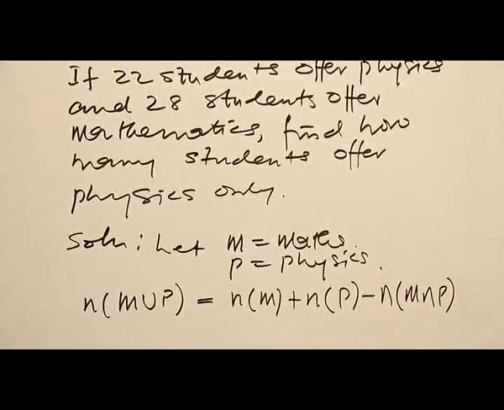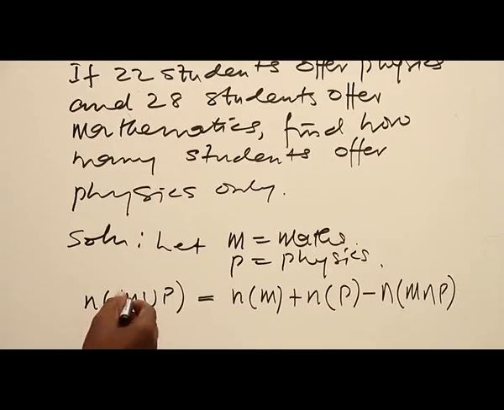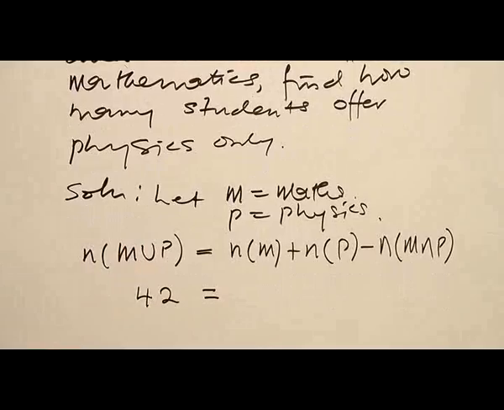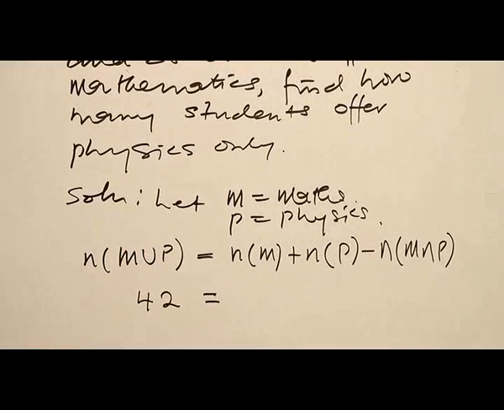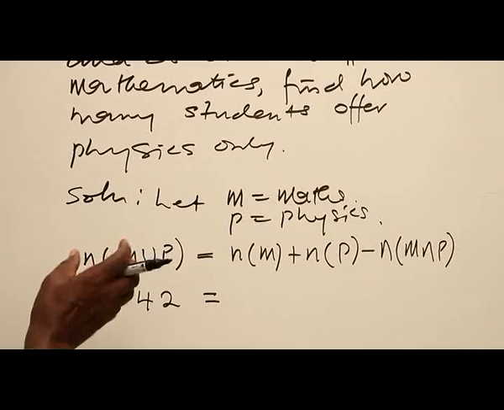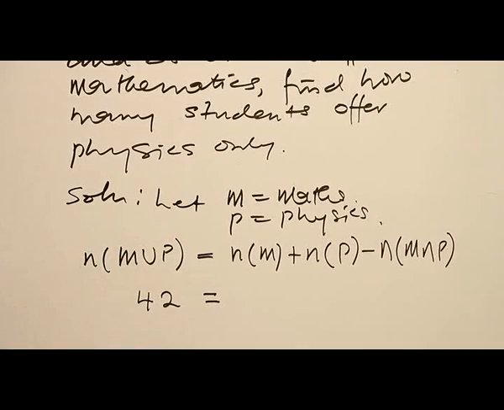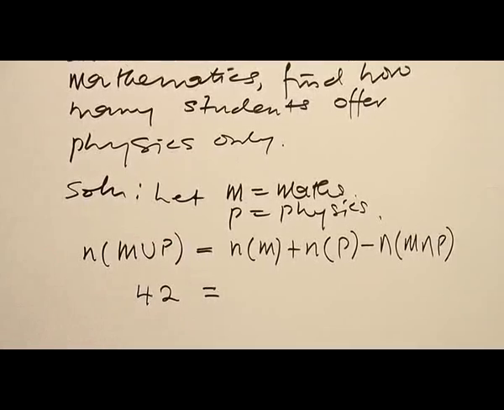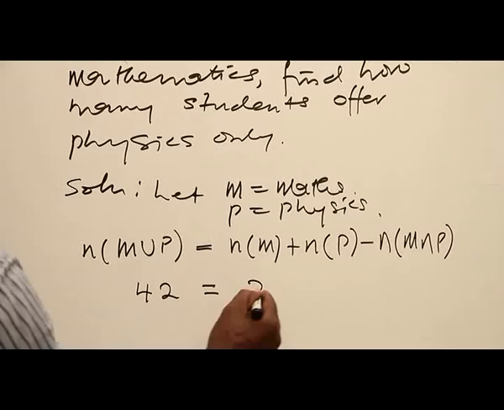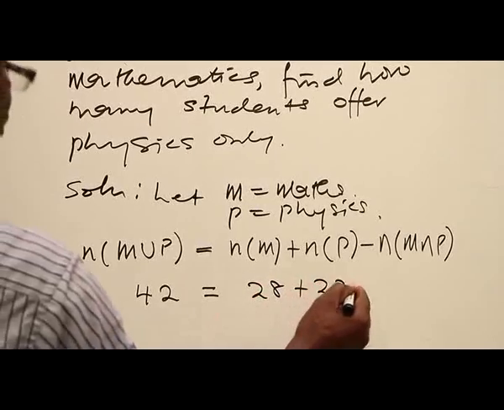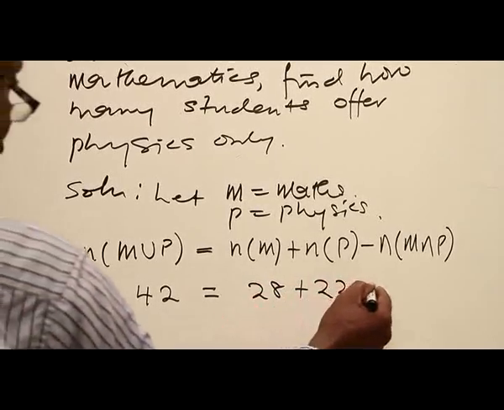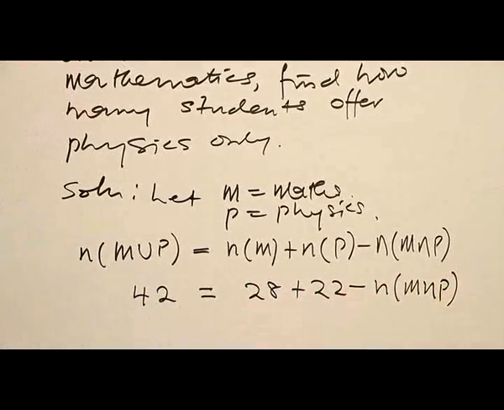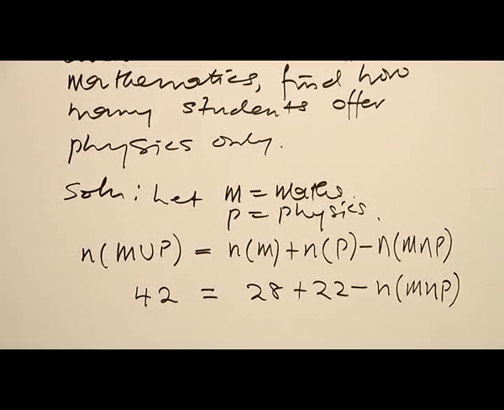From the question, it's a science class of 42 students, so this will give us 42. Each student offers at least one, so all the students are offering math, physics, or both. Mathematics they are 28 and physics they are 22, minus the number offering mathematics intersection P.